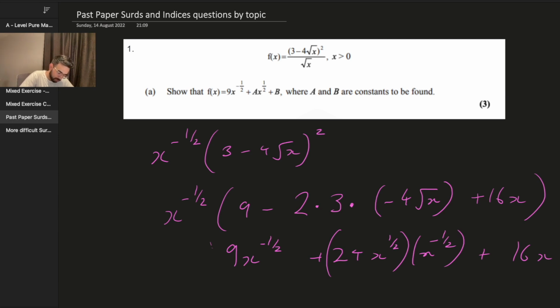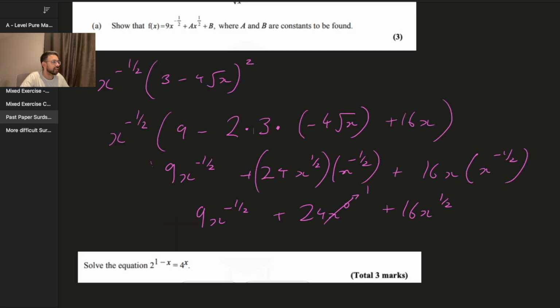So in this next step, you'll see what we're doing. And this is essentially going to be 24x to the 0. So it's going to disappear. So it's going to be 1. And then we've got plus 16x to the half as our answer. Okay, so we've got 9x to the minus half plus 24 plus 16x to the power of a half.